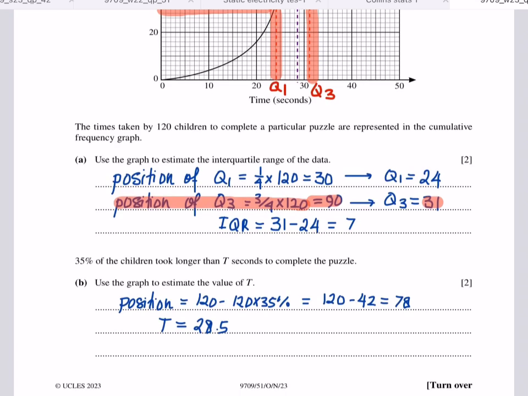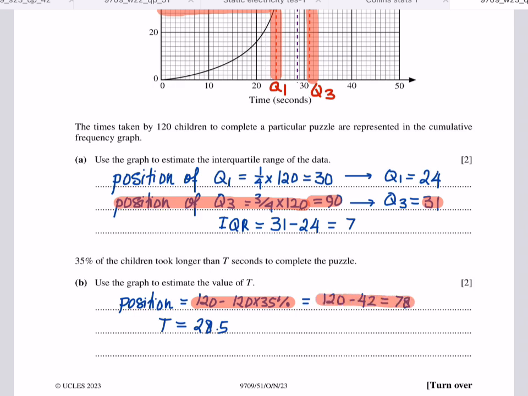35% of the children took longer than T seconds to complete the puzzle. Use the graph to estimate the value of T. So we need to find the position of the longest 35% of the children. The lowest position of this top 35% of the longest children is 120 minus 120 times 35%.